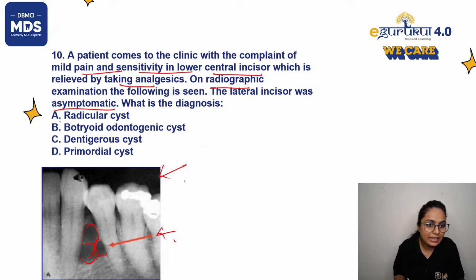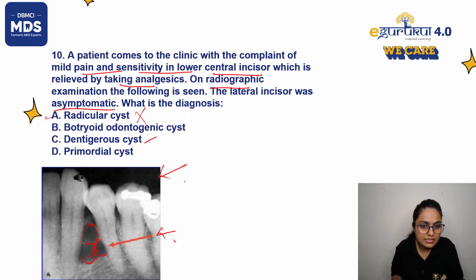First is radicular cyst. Now you should know radicular cyst is basically an inflammatory cyst associated with a carious tooth or any infected tooth. Can you see any caries or infection involving this lateral incisor? No, there is no infection or caries. So radicular cyst is not our answer.